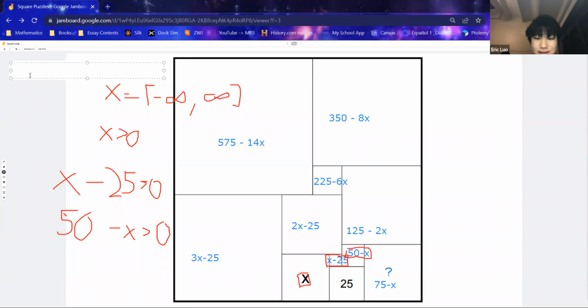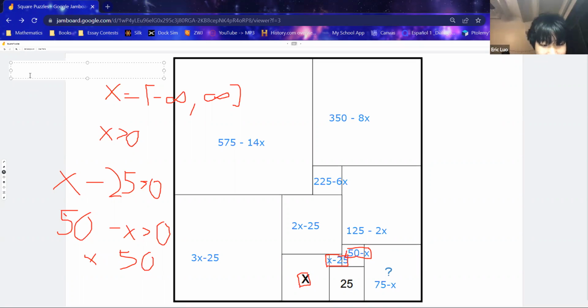And you cannot have -1 length for this square. Which means it has to be bigger than 0, so x has to be less than 50.